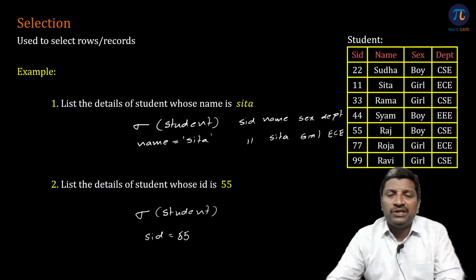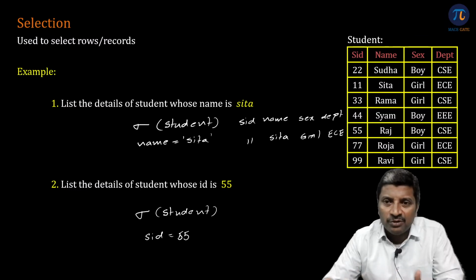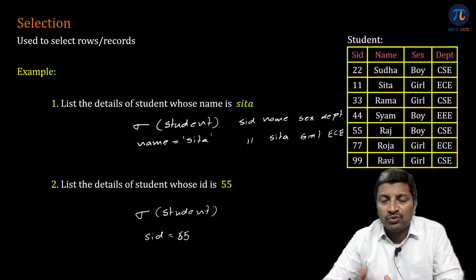So it will give the details of the students whose ID equals 55. I may get one record, or more than one record, depending on the property of the attribute. Suppose I have only one student with roll number 55, then I will get only one record. Right?